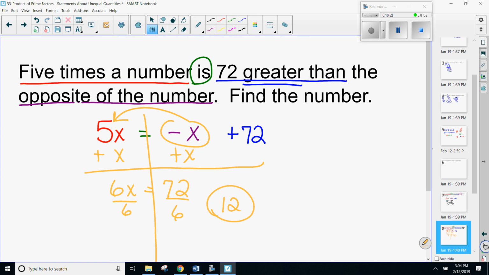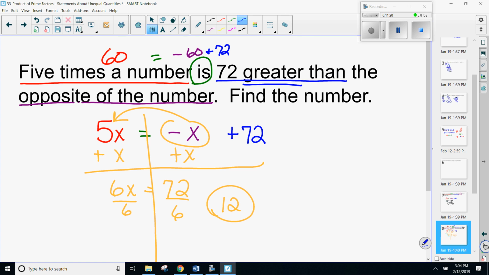5 times a number. If your number is 12, what's 5 times that number? 60. Is that 72 greater than the opposite of the number? What's the opposite of the number? The opposite of the number is negative 60. And if it's 72 greater than that, where, oh, is your number 5 times a number?